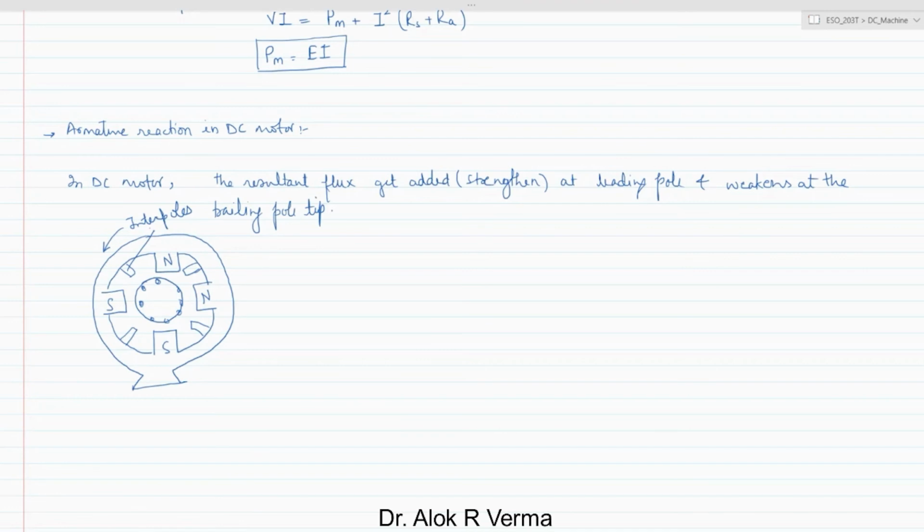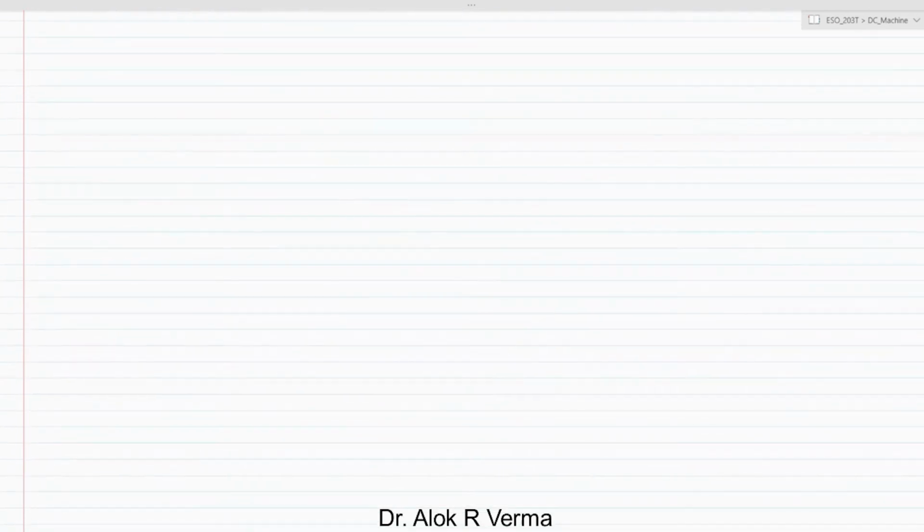So now let us talk about the characteristics of a shunt or separately excited DC motor. These are the main characteristics of DC motors. We'll be considering them one by one.